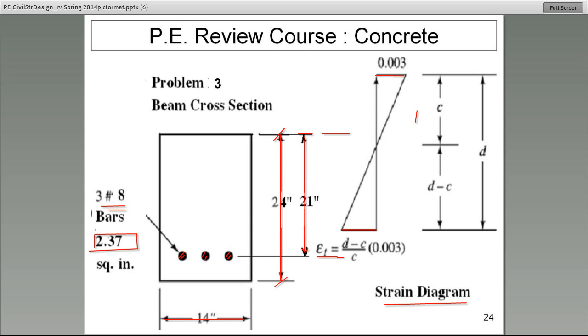So basically, that triangle would be down here. But what this is showing is the relationship between the strains.